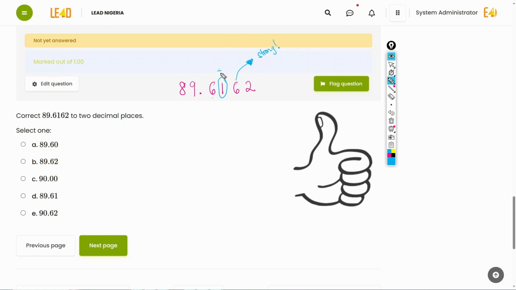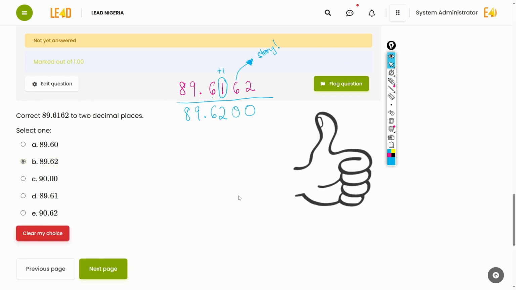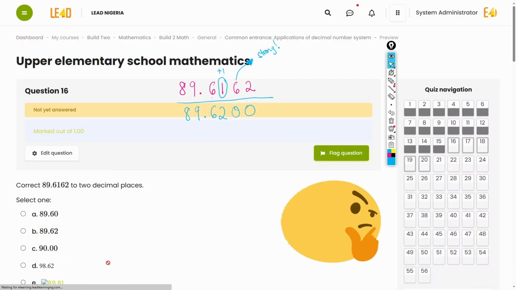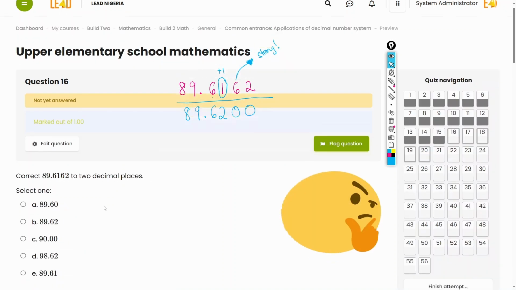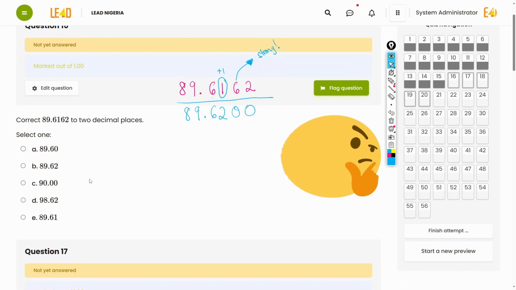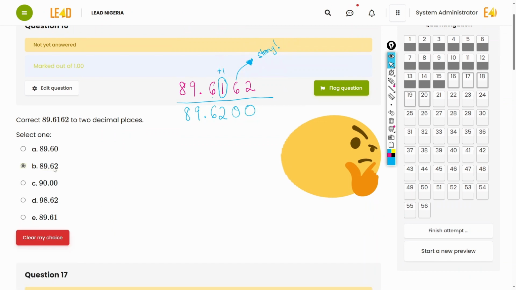So we go plus 1 to the target. Putting it all together, we have 9.62, and everything else changes to 00. So 9.62 is the correct option. This is a repeat of the former question, so it's also B.